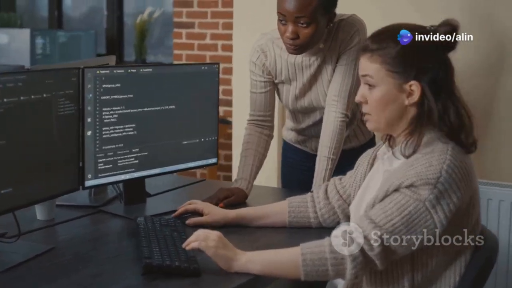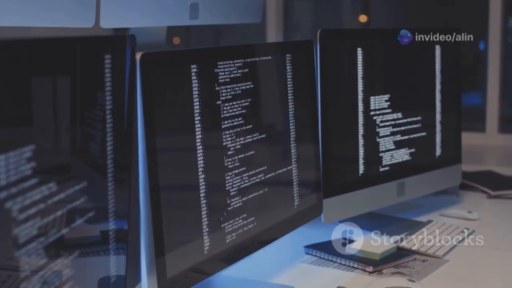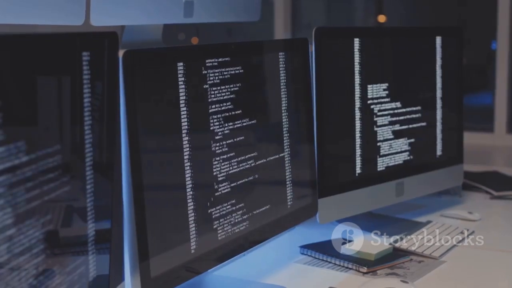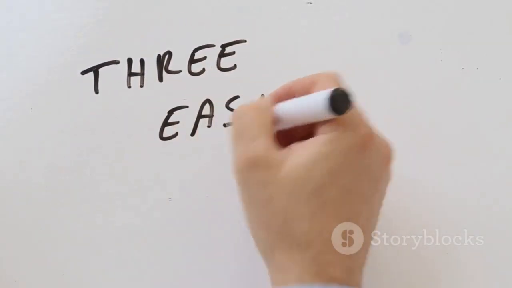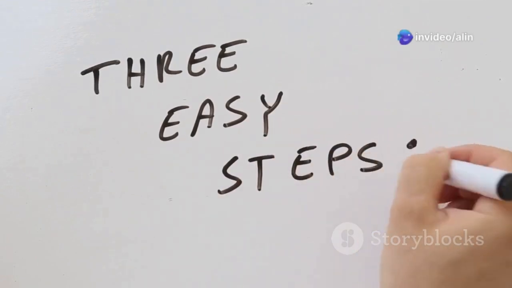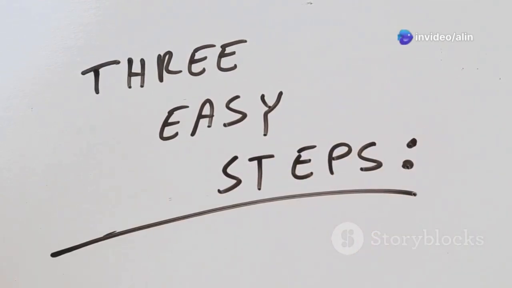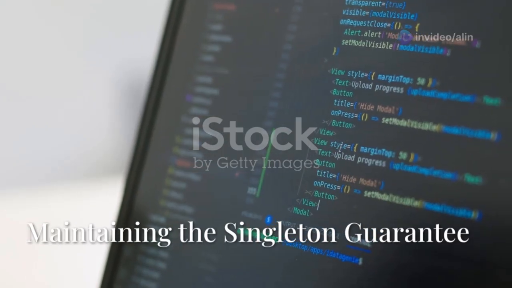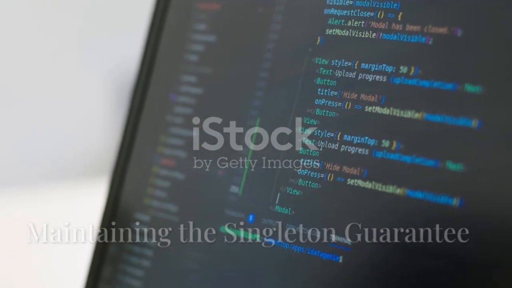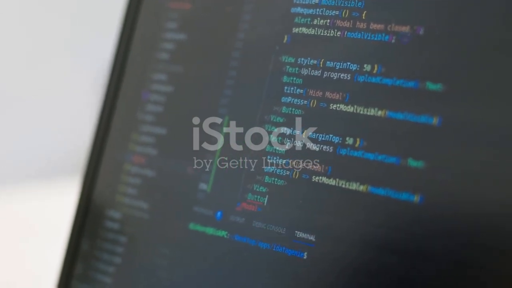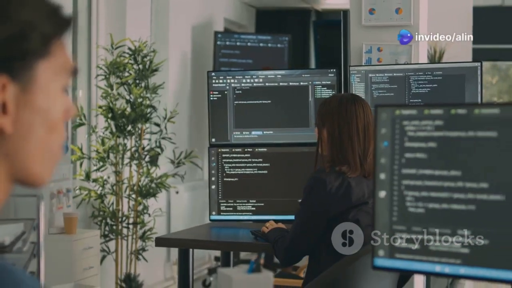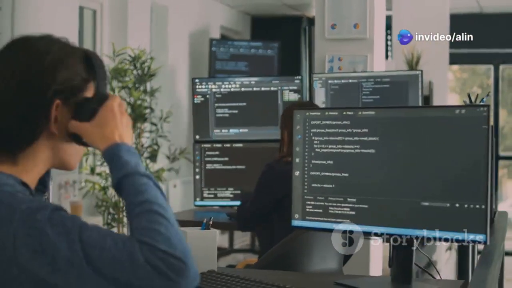Exactly. Or what about a national currency? Oh, yeah. There's only one official currency issued by a government, right? Which helps stabilize the economy and prevent chaos. Precisely. And even in nature, we see examples of this. Oh, really? Think of a beehive. Okay, a beehive. There's only one queen bee. Right. A single point of control for the whole colony. I'm starting to see singletons everywhere now. It's everywhere.